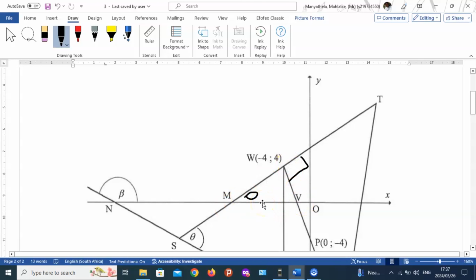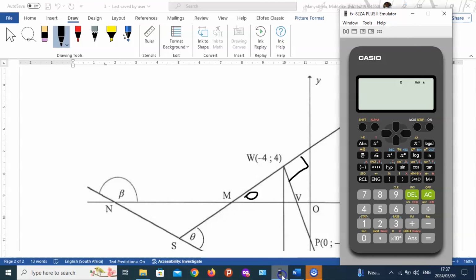We do the same thing that we did with angle M: shift tan 2, and it will give us the interior angle in triangle MWV.